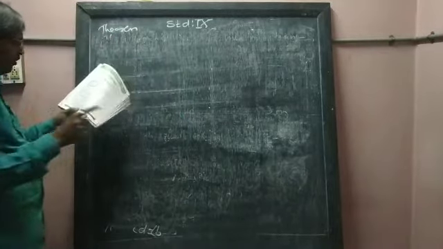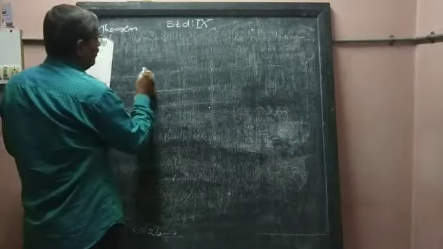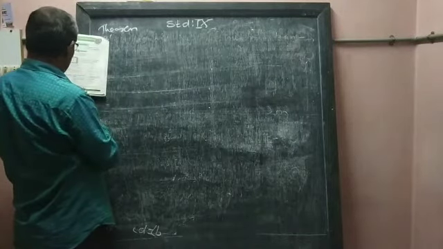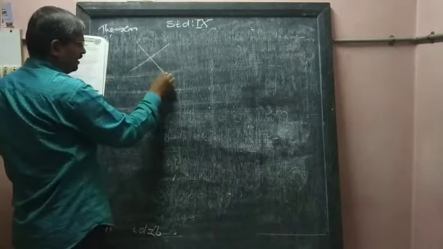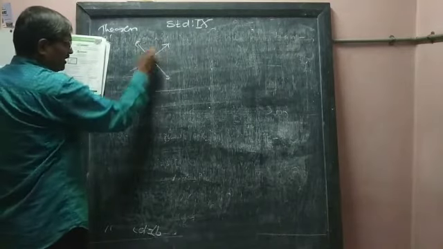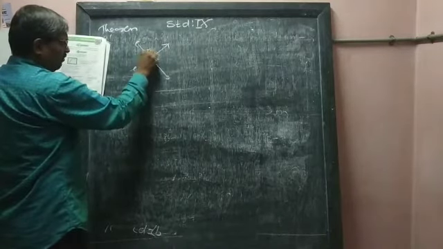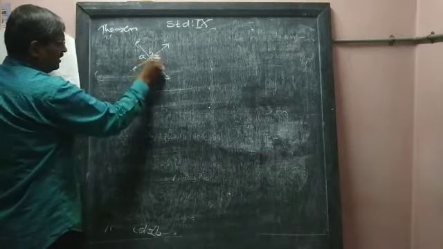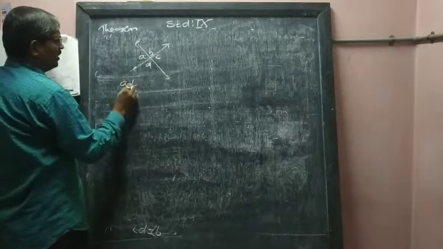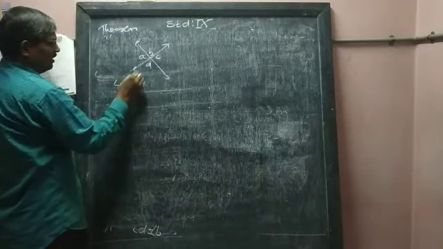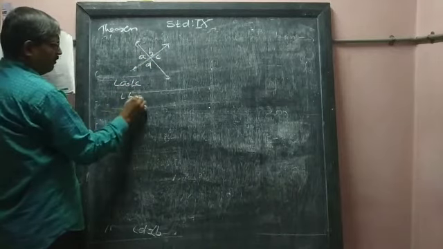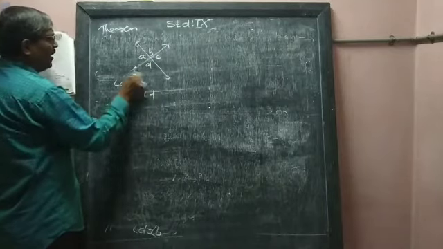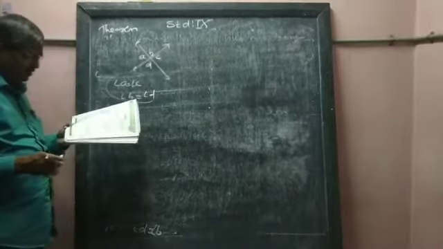So here first, when two lines intersect, the pairs of opposite angles. Any two lines are there, when these two lines intersect each other, then A, B, C, D, A and C are vertically opposite angles. So angle A is equal to angle C, angle B is equal to angle D. Pairs of vertically opposite angles are always congruent.